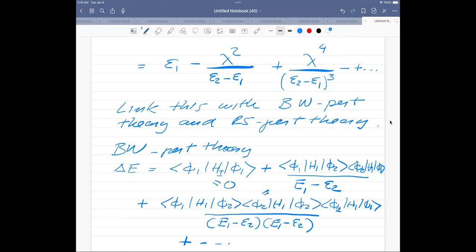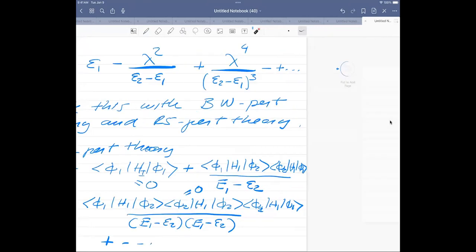And this one is also 0. So all these higher order terms are going to be 0 because you will have contributions where you go from the same state to the same state. And by the way we have constructed this Hamiltonian, this is exactly equal to 0. The reason why I chose this kind of Hamiltonian was simply to be able to do that.